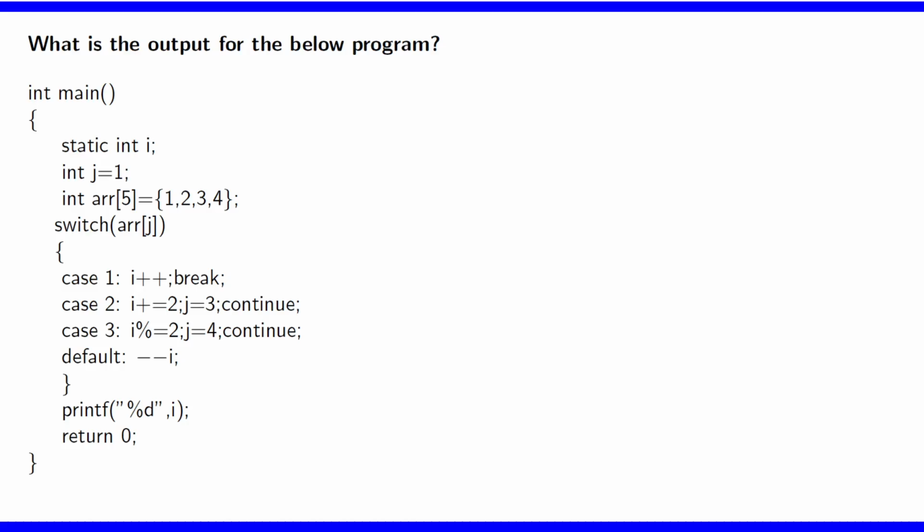Any guess? i plus equal to 2 semicolon, next line j equal to 3 semicolon, next line continue. So I am asking what will be the output, because there is one printf statement at the end, printf percent d i. What is the final value of i?